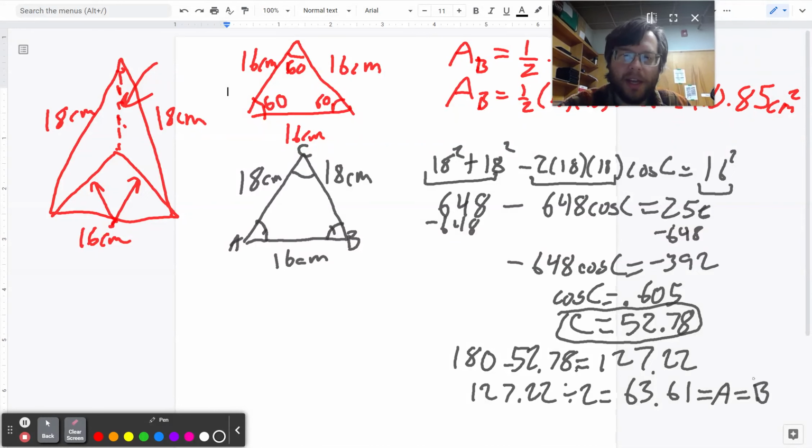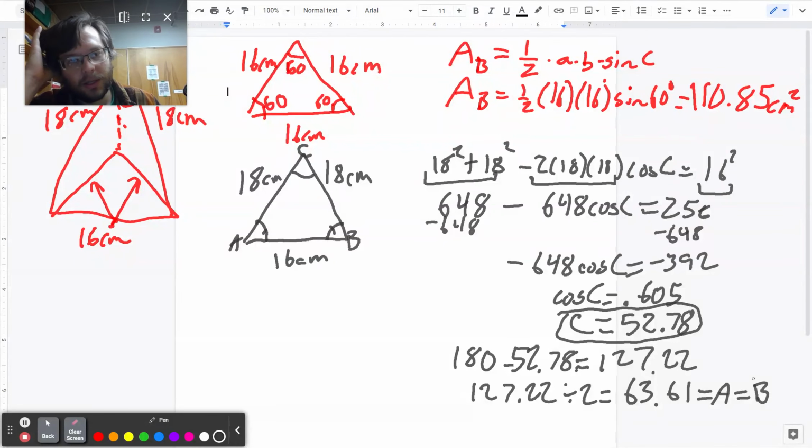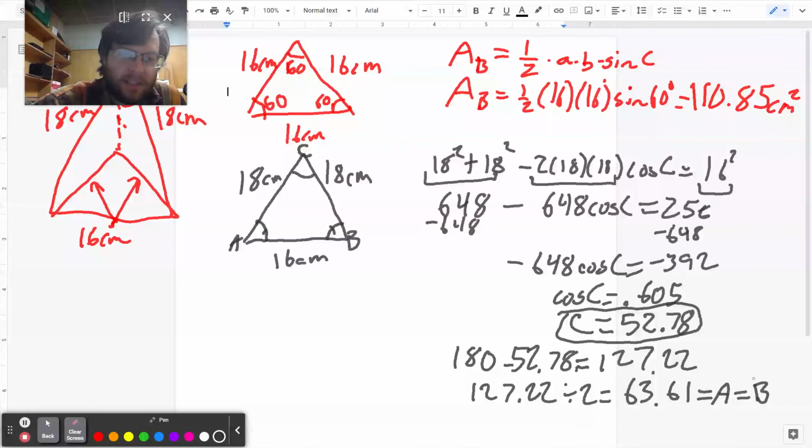Okay, now that we have that, what can we figure out? So we want to figure out the area of these triangles, because once we have the area of this triangle, we can get the area of the entire shape, the surface area of the entire shape.